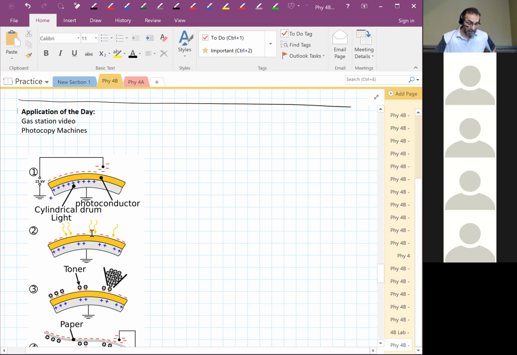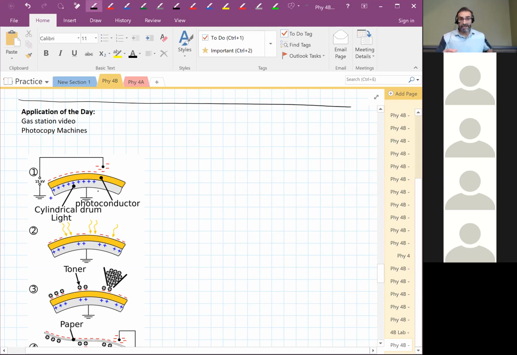When it's exposed to light, it becomes conductive at that area. That's the key to making this whole thing happen. So if you sprinkle negative charges over the top of it, and the bottom plate is grounded, then positive charges appear there, or negatives move away to ground, however you want to view it.